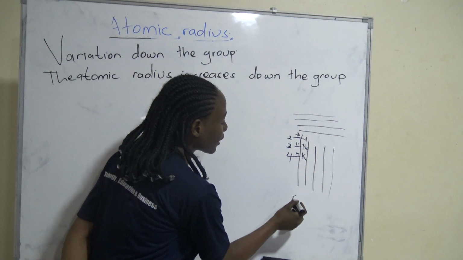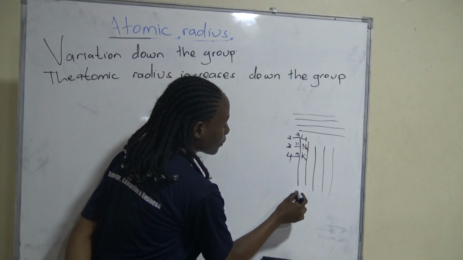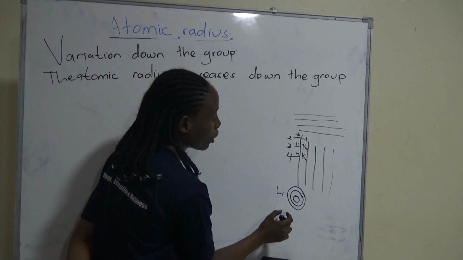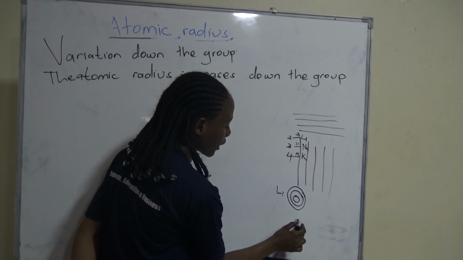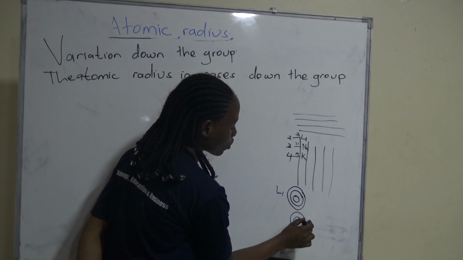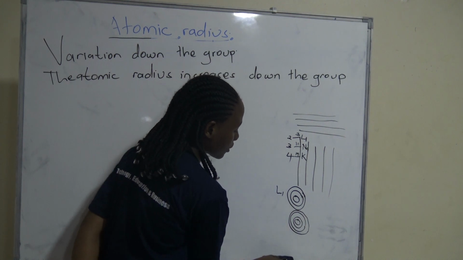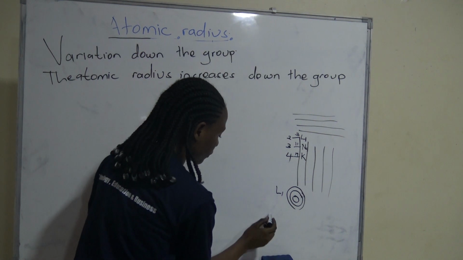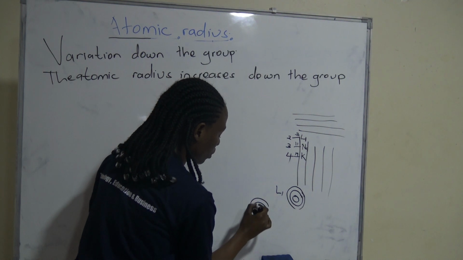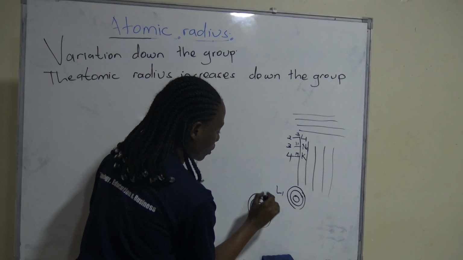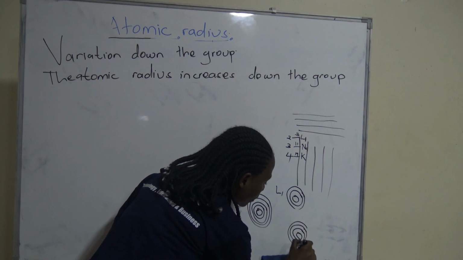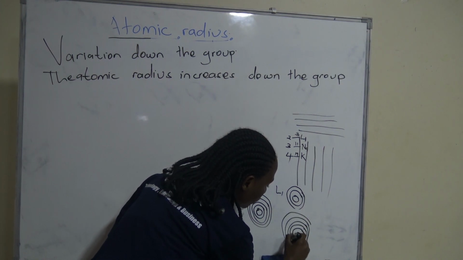So literally what is happening is an addition of a full energy level, a full shell. If this is the nucleus, in lithium we only have these 2 shells. Then in sodium, we have the first shell which takes 2, the next which takes 8.